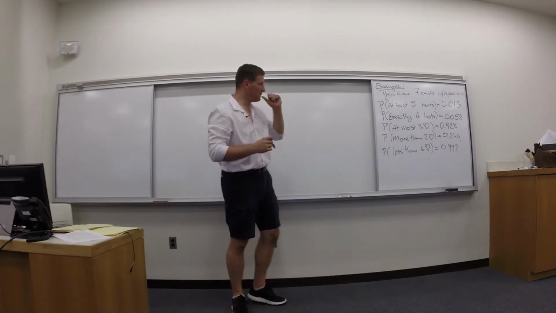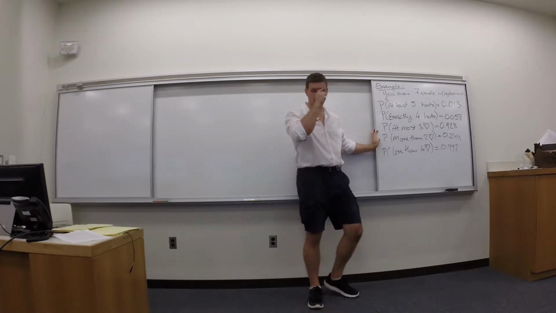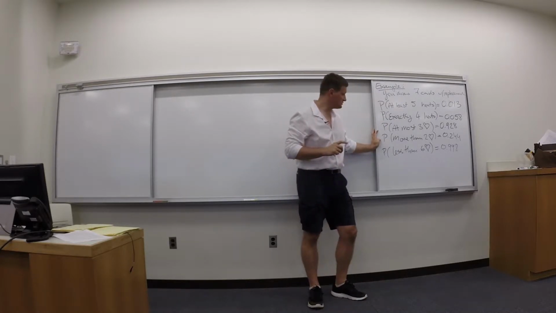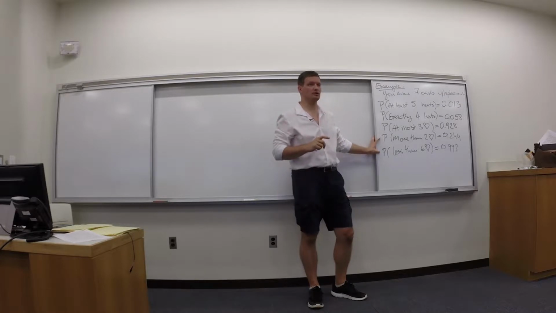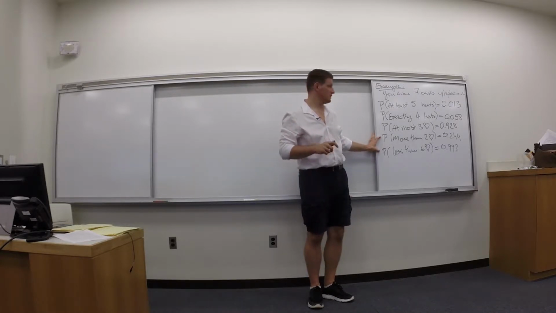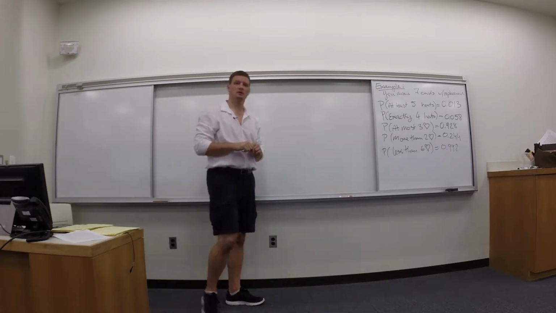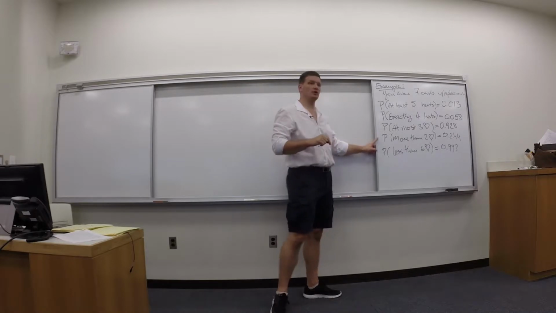All right, but at most 3 isn't the interesting one. This one is interesting, and this one is interesting. Why are those two interesting? They're the last two. More than 2. You still got 2, 3, 4, 5, 6, 7. Because I can look at the complement of it. What's the complement of more than 2?